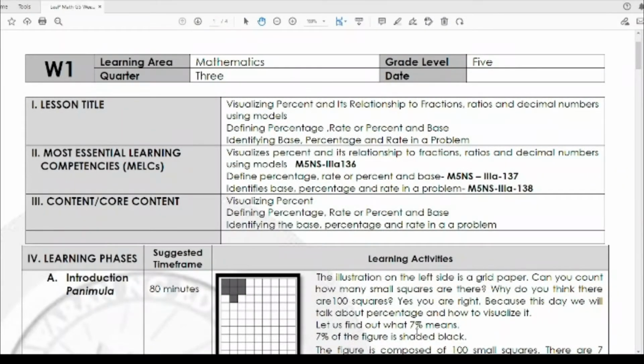At the end of the lesson, you are expected to visualize percent and its relationship to fraction, ratios, and decimal numbers using models, define percentage, rate, or percent and base, and identify base, percentage, and rate in a problem.